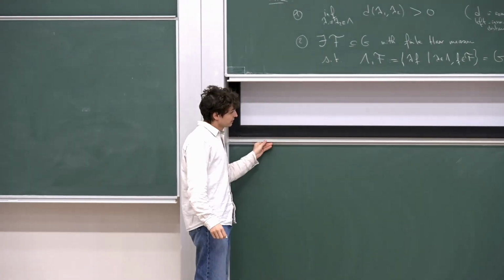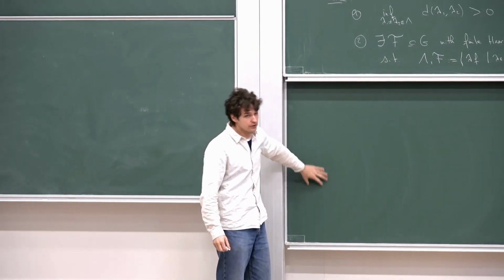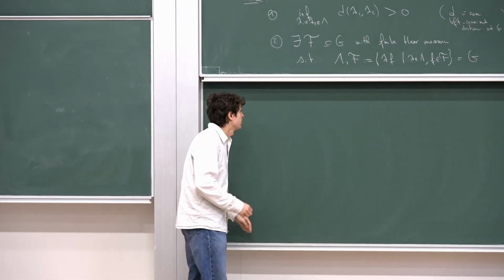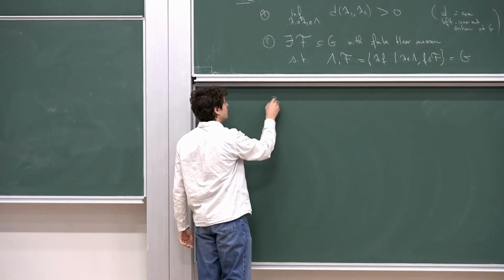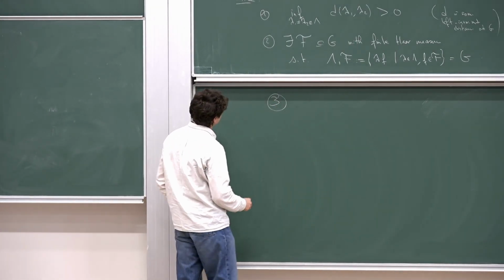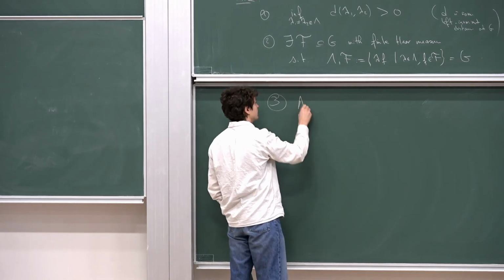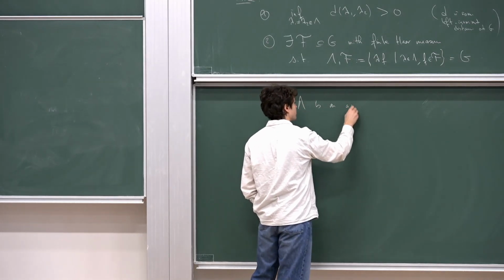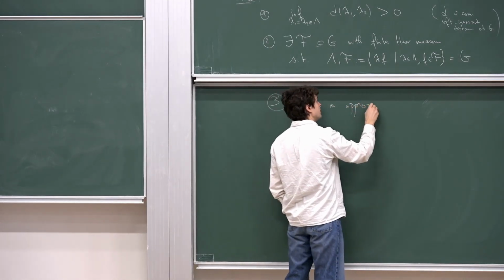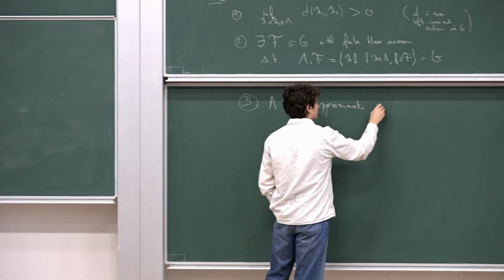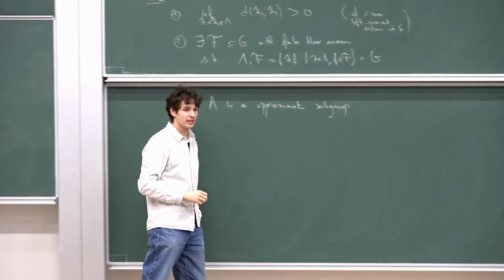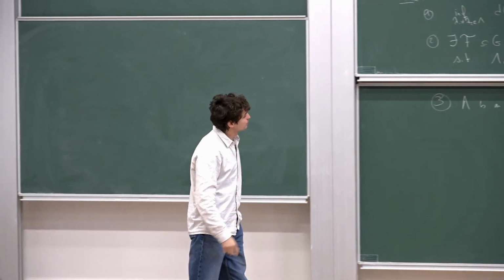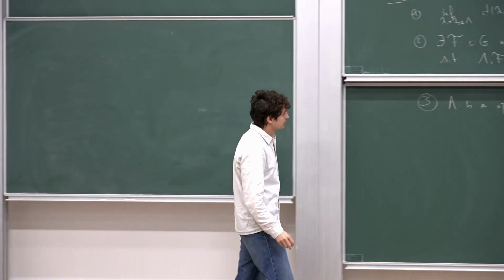So far, it looks a lot like the definition of lattices. The third part is where the generalization happens, and it's that lambda is an approximate subgroup. So now I have to define approximate subgroups.